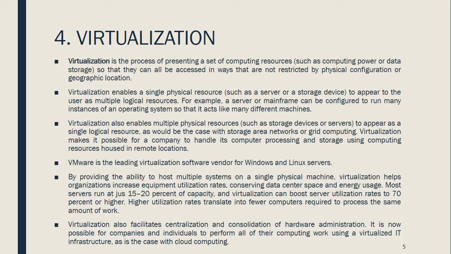Virtualization also enables multiple physical resources to appear as a single logical resource, as would be the case with storage area networks or grid computing. Virtualization makes it possible for a company to handle its computer processing and storage using computer resources housed in remote locations.